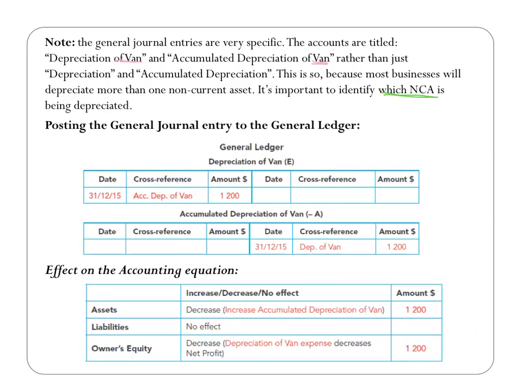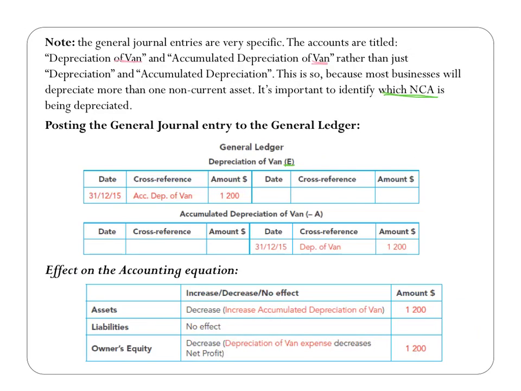All right, so posting the journal entry to the general ledger, what would we have? We will have an expense account, depreciation of van. Because it's an expense account, you debit, and cross-reference the other account that's being affected, accumulated depreciation of van. So you debit the depreciation expense for the year, $1,200.